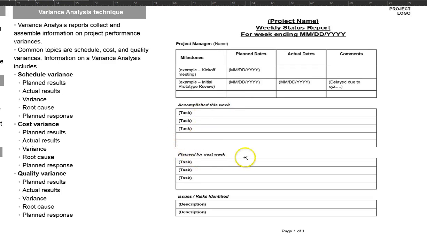What do we plan for next week? You name the task and any issues or risks that were identified during this status report. Okay, very simple status report. It could be even more detailed depending on what is required and how much detail you need to submit.